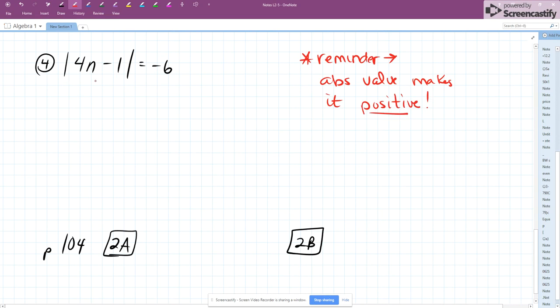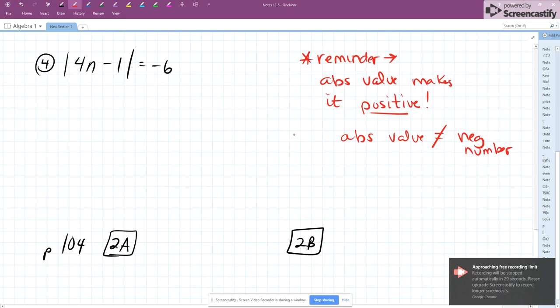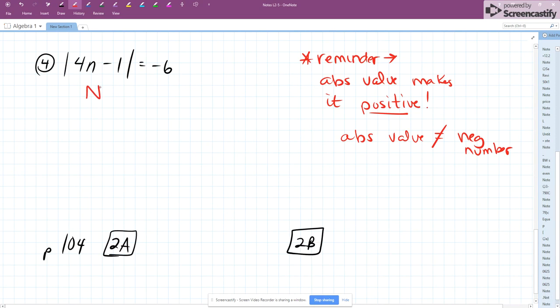Can an absolute value equal a negative number? No. The absolute value cannot equal a negative number. So the absolute value of 4n minus 1 cannot equal negative 6. This has no solution.